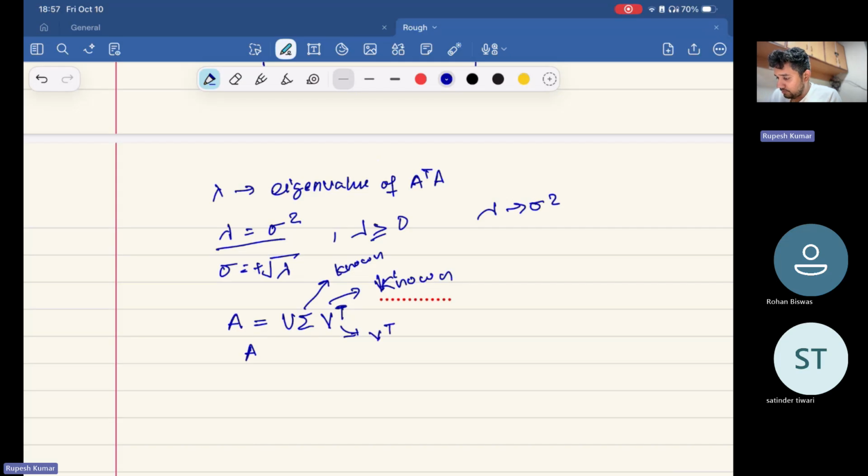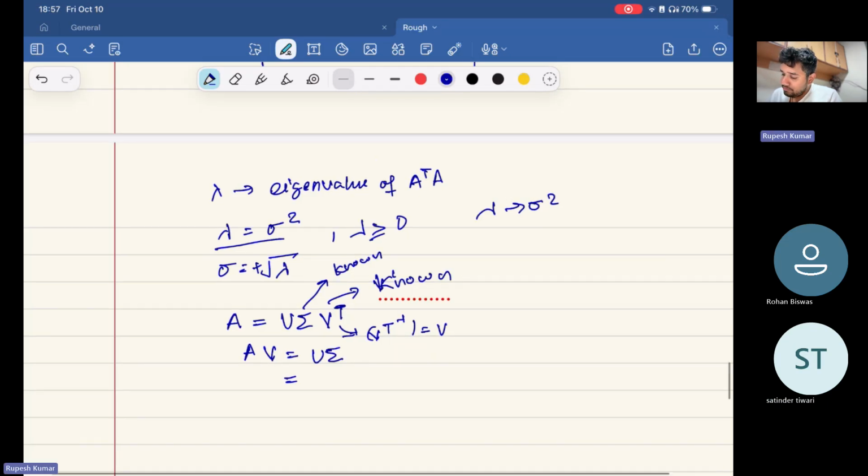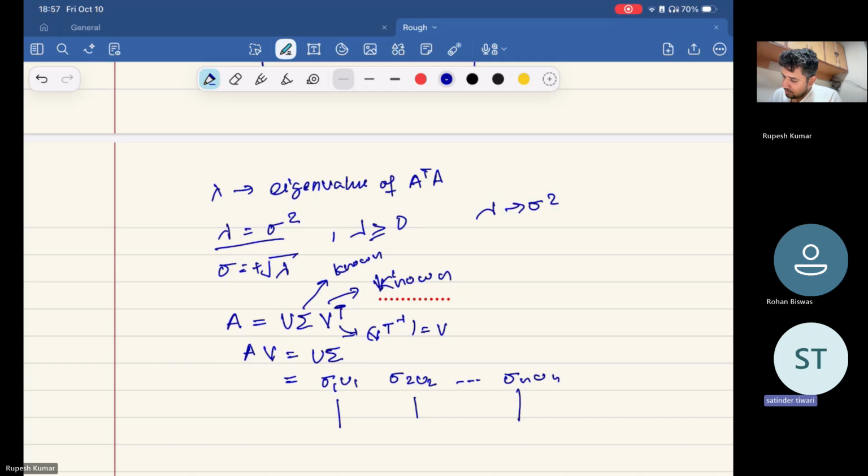You can always find the inverse of V transpose, which would be V. So you can bring it here, and it will become AV equals U sigma. Now U sigma becomes sigma 1 U1, sigma 2 U2, and so on. So U comes out to be AV by sigma.